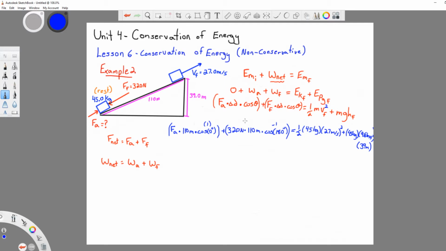We're going to do some major solving here, and I will solve for a couple intermediate bits.